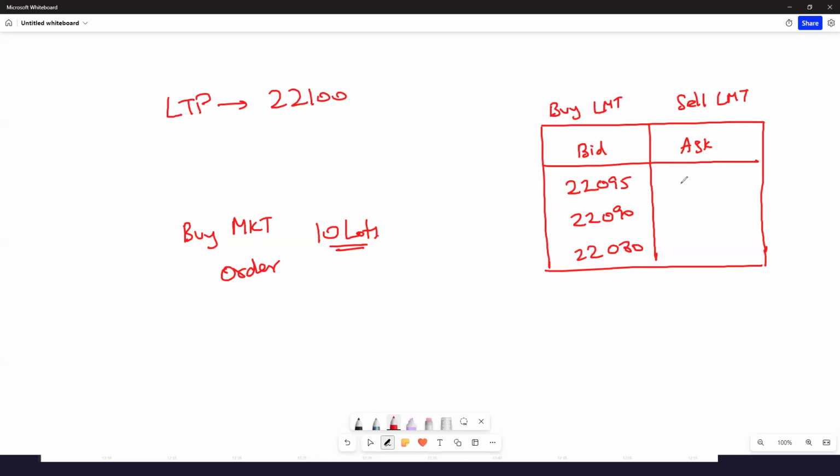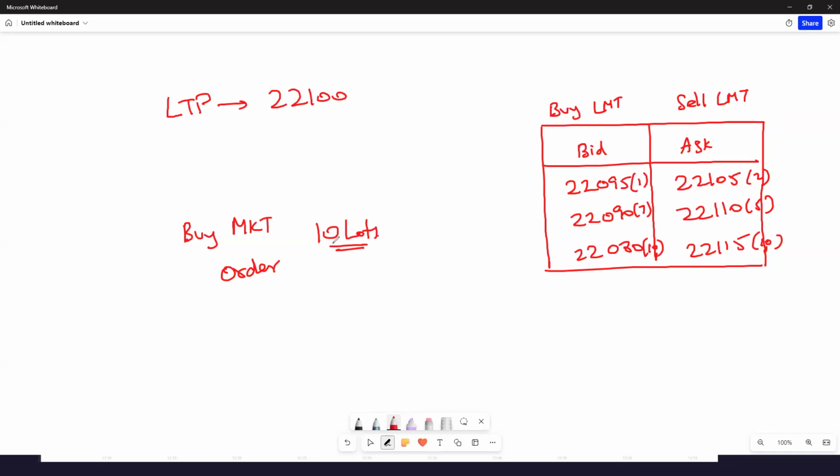And on the ask side, let's say they are available at 22,105, 22,110 and 22,115. Maybe here there are 2 lots, here people have floated 5 lots, and here maybe 10 lots. Likewise, on the bid side, maybe 1 lot here, 7 lots here, and 10 lots here.